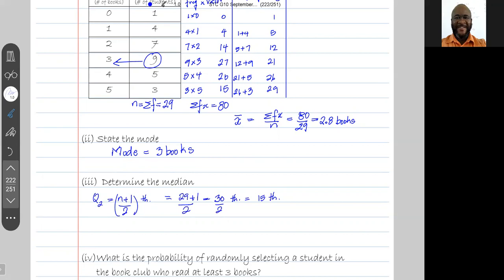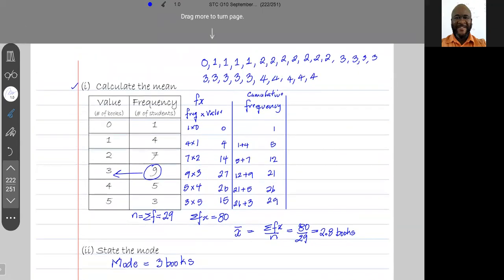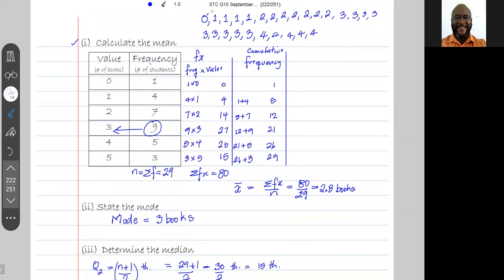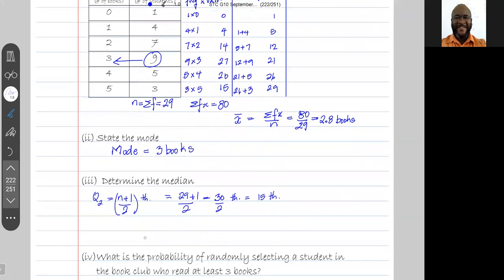So if I went back and looked at the raw data arranged in ascending order, I could count them off. 1, 2, 3, 4, 5, 6, 7, 8, 9, 10, 11, 12, 13, 14, 15. So the median Q2 is 3 books.